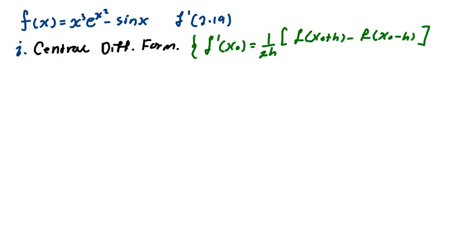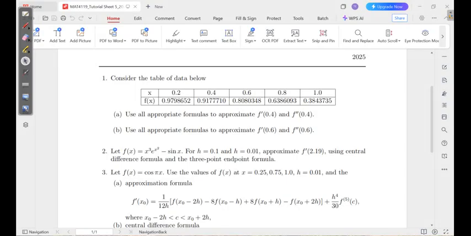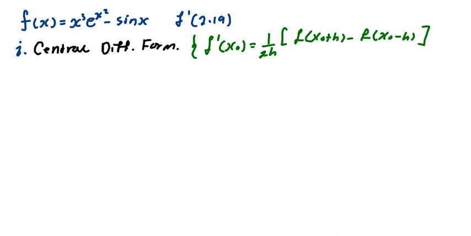There's an error part here, I'm not including it for now. Remember the question is asking us to use h equal to 0.1 and h equal to 0.01. So we are using two different values of h to approximate the same value, f prime of 2.19. We are going to do some comparisons at the end to see which one is more accurate compared to the actual value.